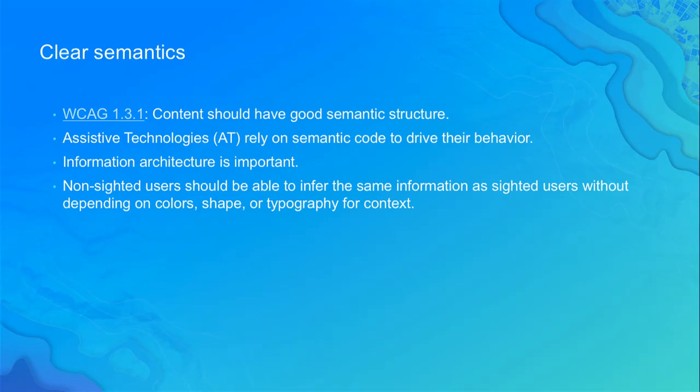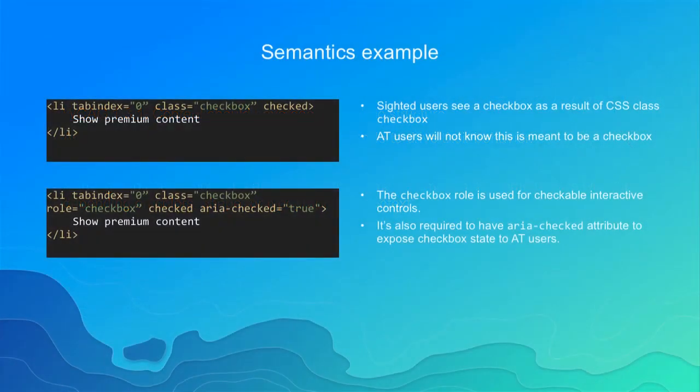So the way your site is structured and the HTML elements you use are really important, because that's how we as developers communicate with that assistive technology to let it know what we expect people to do. When somebody who is non-sighted goes to your page, they need to be able to get all the same content as sighted users in a way that's clear and informative.